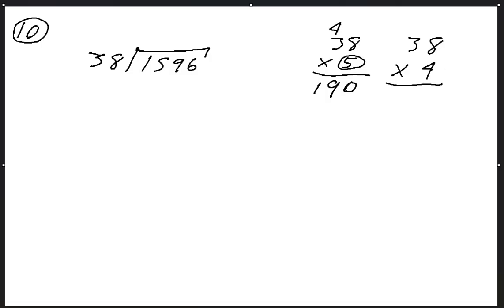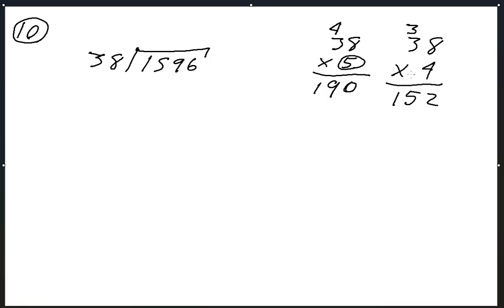So let's do the math real quick. 8 times 4, 32. You put the 3 up here. 3 times 4 is 12. Plus 3, 15. So 152. Okay, so 152 is very close to 159, and it's not greater than 159.